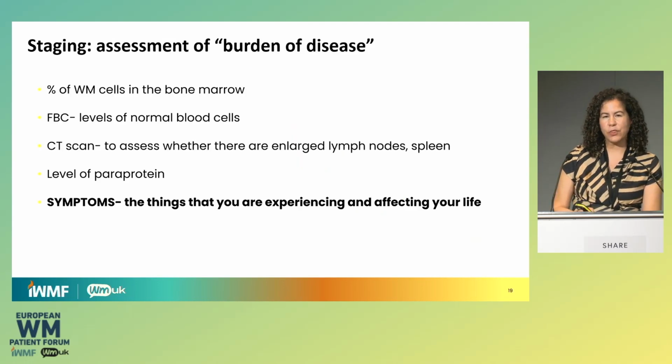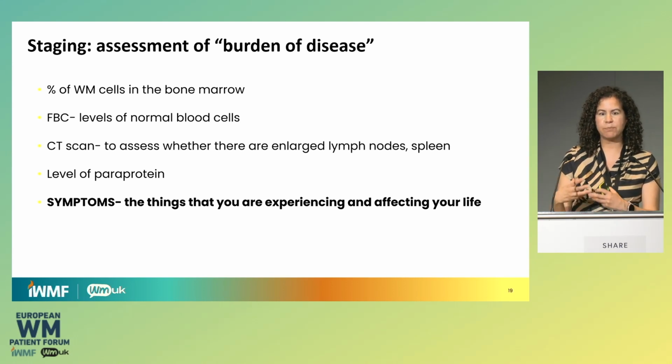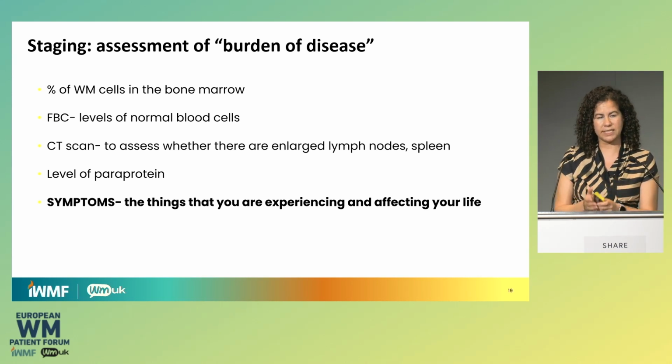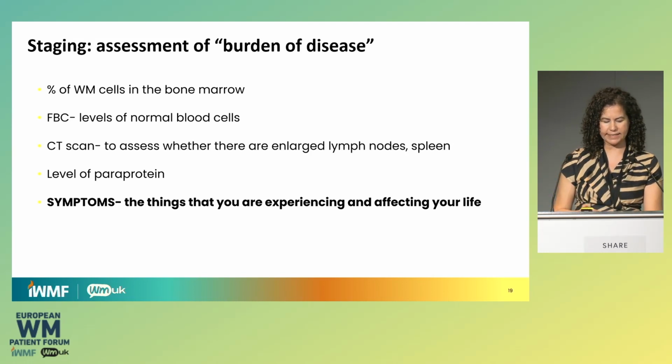So once we've got the diagnosis, we stage the disease. And I essentially think of staging as an assessment of really what the burden of disease is. So we can stage it in different ways. When we do the bone marrow, we can look at the percentage of WM cells you have in your bone marrow. So how many normal blood cells are you still producing compared to how many of the abnormal cells you have.